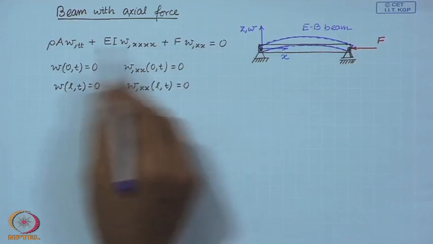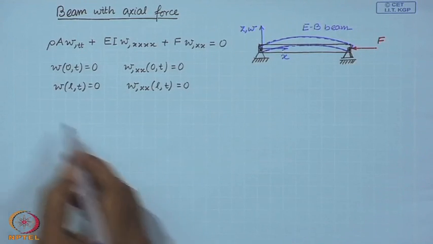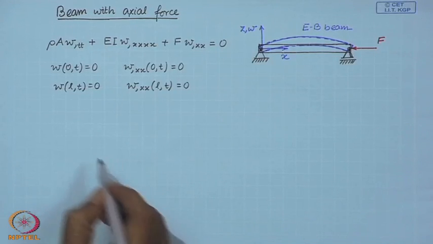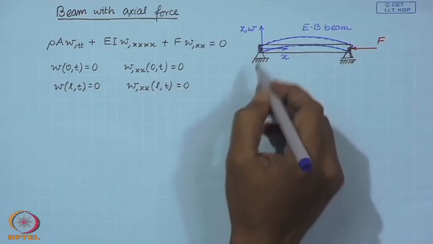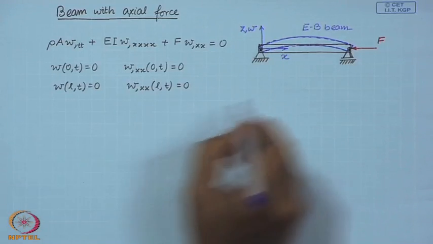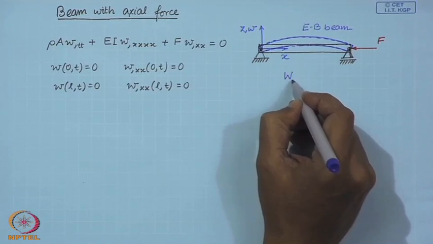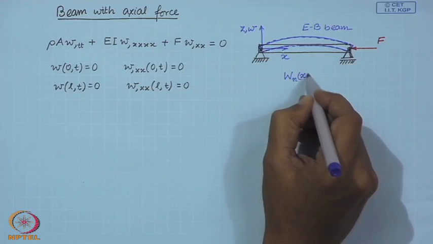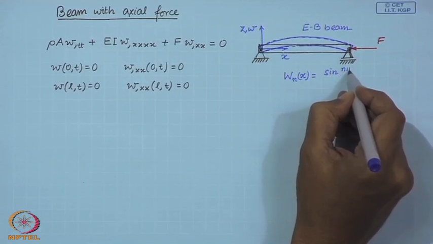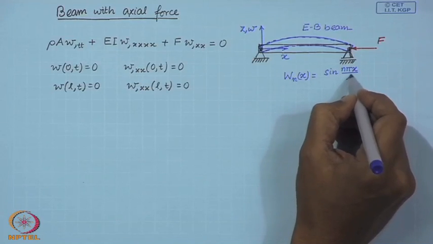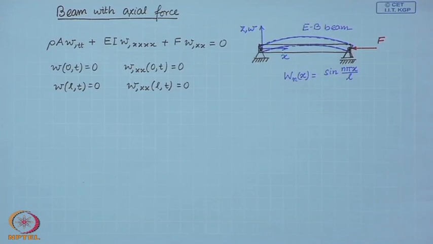Now, for this problem, we can use our modal expansion. We know that the eigenfunctions of a simply supported beam are given by sin n pi x over L.